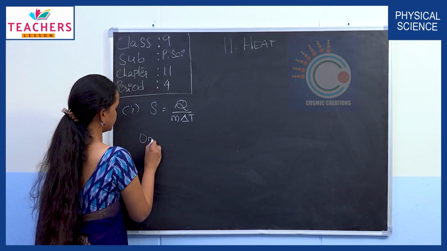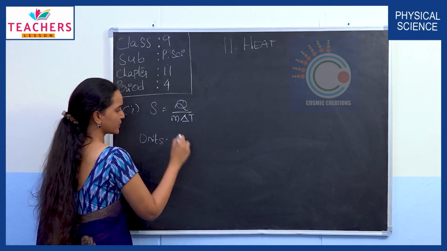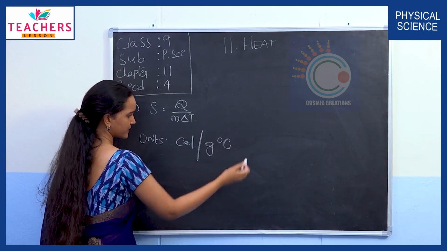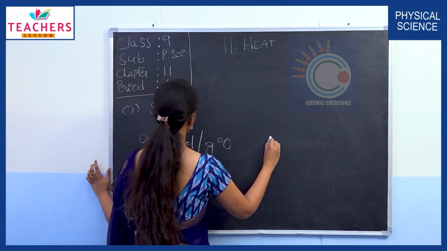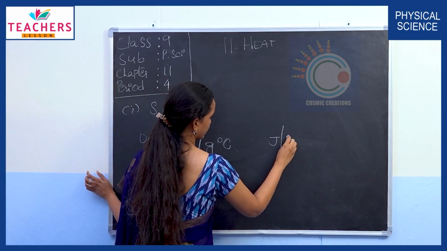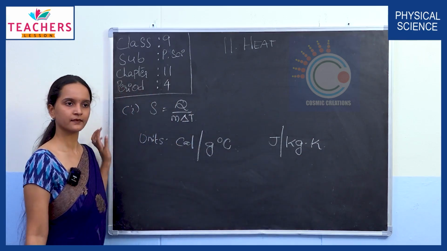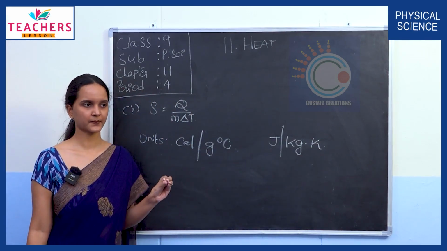What are the units? CGS units are calories per gram degree Celsius. SI units are Joule per kg Kelvin. These are the units of specific heat.